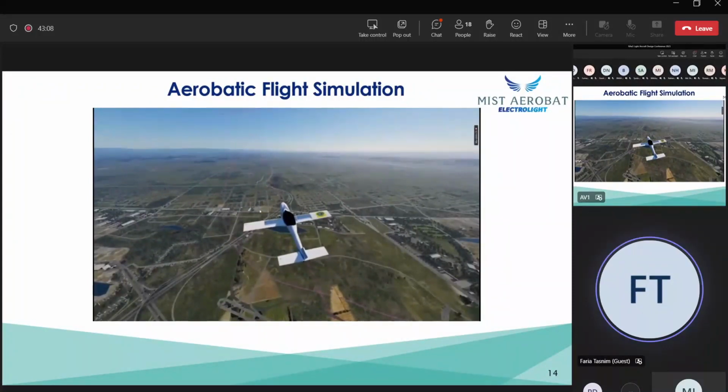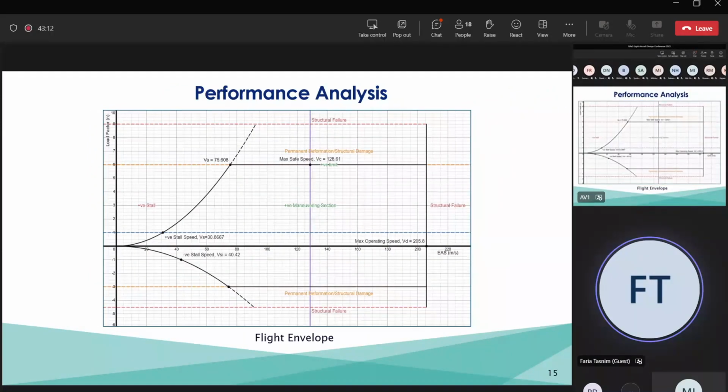Next, we are going to see the performance of our aircraft. Here is the flight envelope of the aircraft. As you can see, the stall speed is approximately 31 meters per second, which is equivalent to 60 knots, and the maximum cruise speed is 129 meters per second or 250 knots.